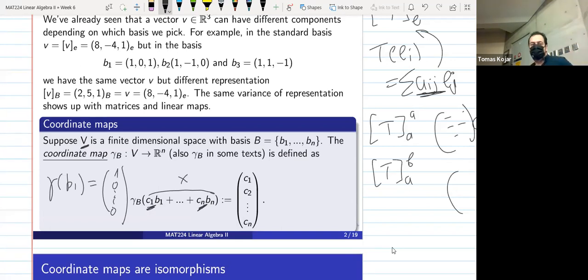You always map to the standard basis. That's the target because it's the easiest. You can change it, but then call it something else. Don't call it coordinate map. Coordinate map sends you to the standard basis. Okay, questions?